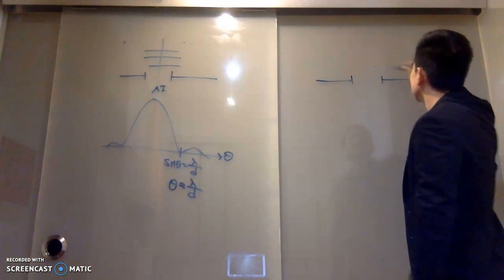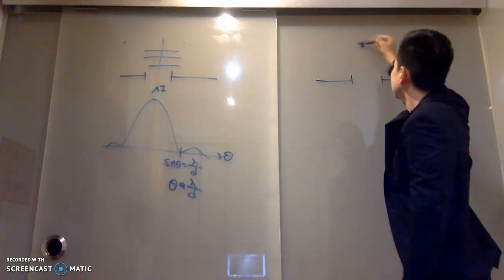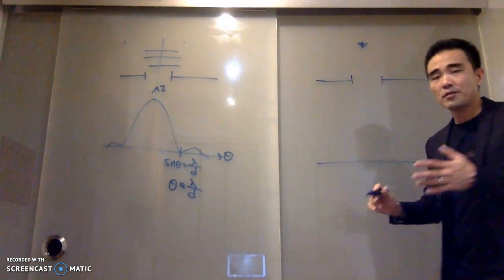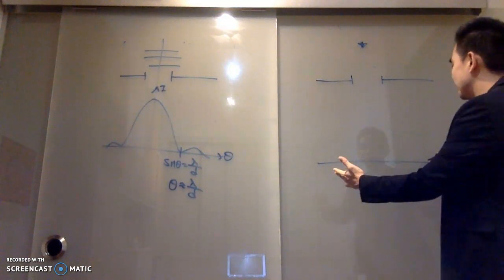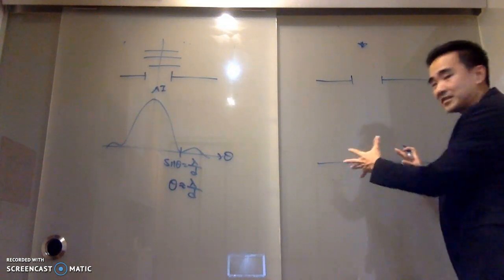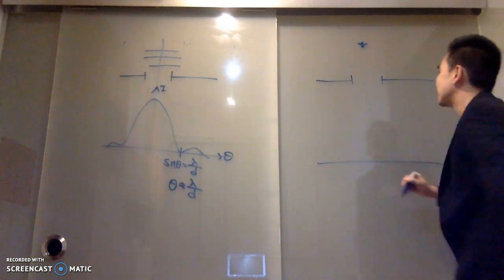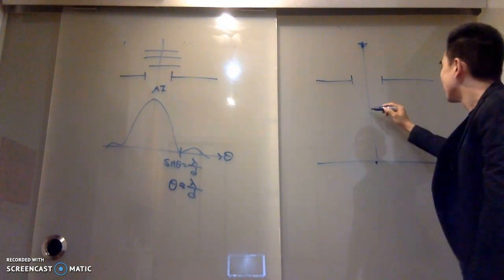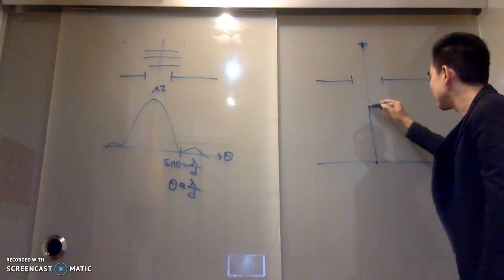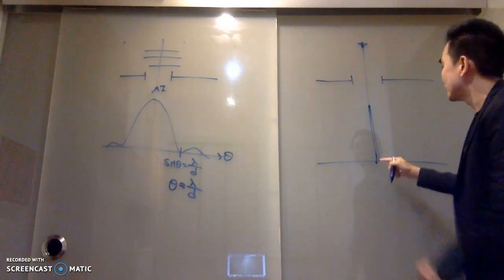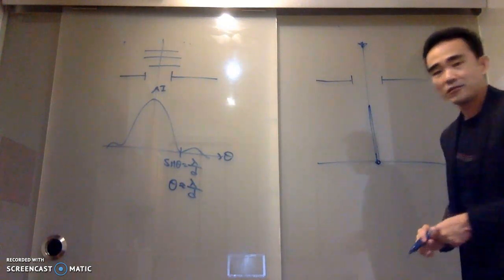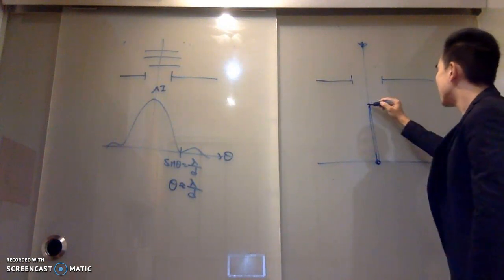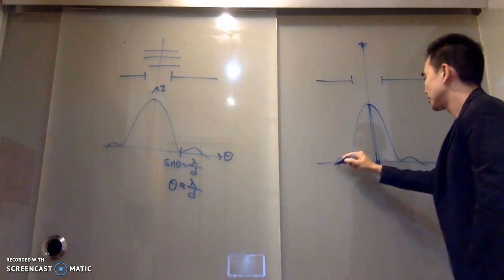Since we talked about stars just now, if you've got a star, by right it should form a point image on the CCD sensor. This is the opening of the telescope. It should form a point object, but it doesn't. Instead of forming a very sharp dot over here, which is where the star should be, it forms a blob over here.